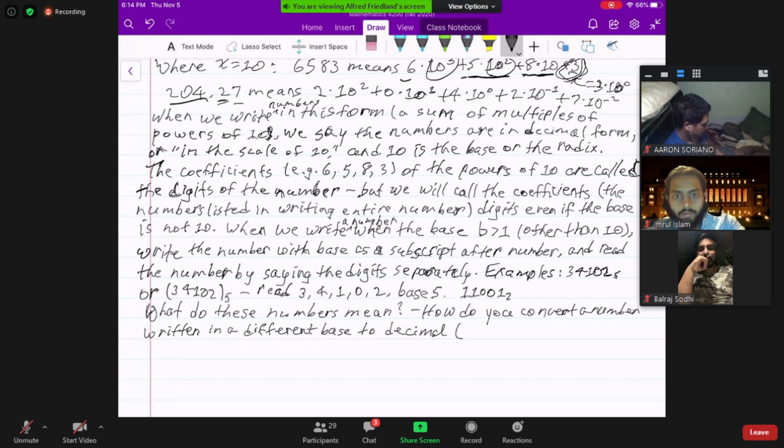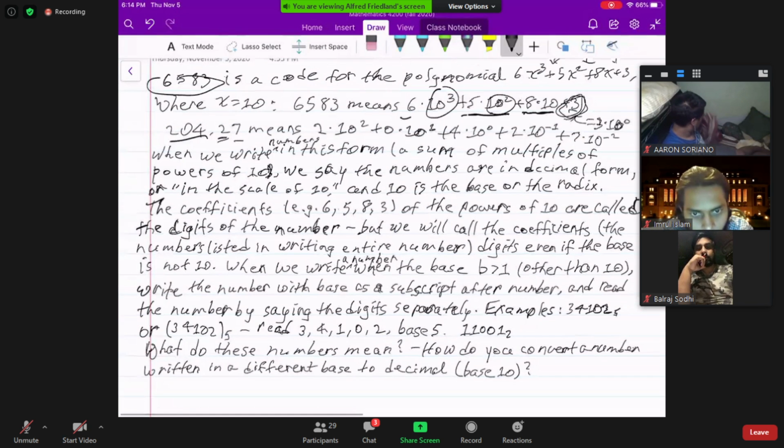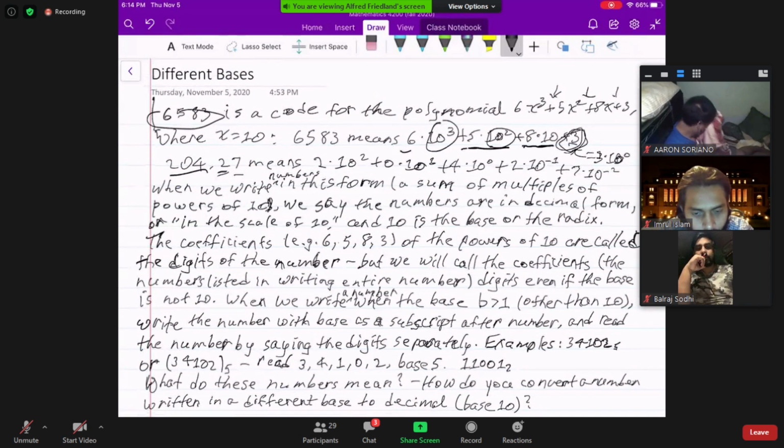And again, by decimal, I'm not talking about, maybe you're used to thinking of a decimal as actually having a decimal point like 2.5. No, when I say decimal form, I'm talking about base 10. Well, you read it the same way as we read this number at the top.